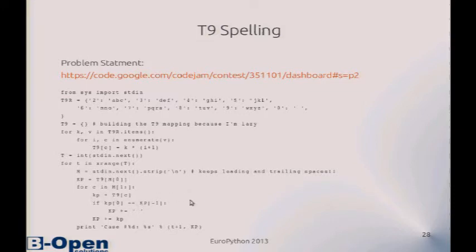So here, basically, what I do is I try to put the next string of numbers, and if I find that the same number is the last character in my output string, I put the space and then I add it.